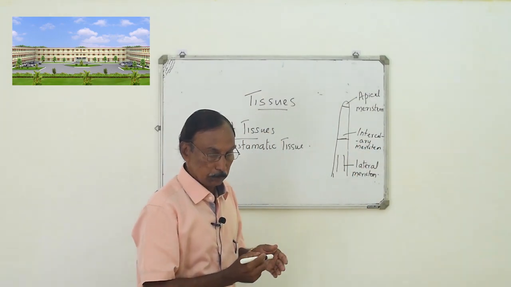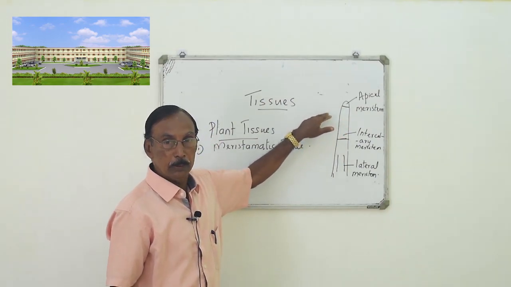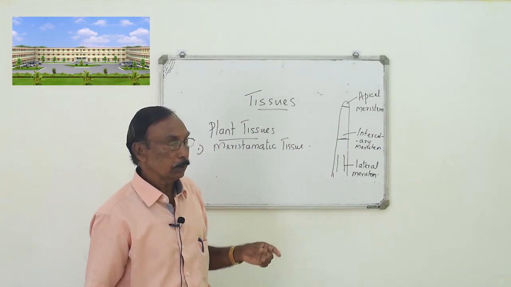So, three different types of meristematic tissues based on their position. One is apical meristem, second one is lateral meristem, third one is intercalary meristem.